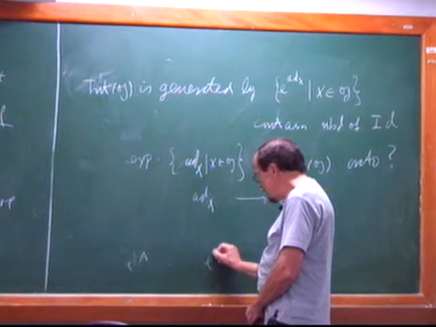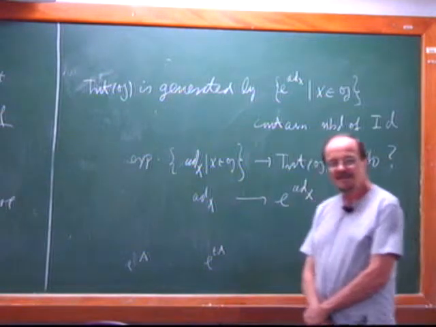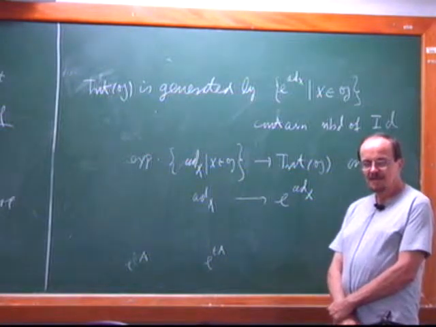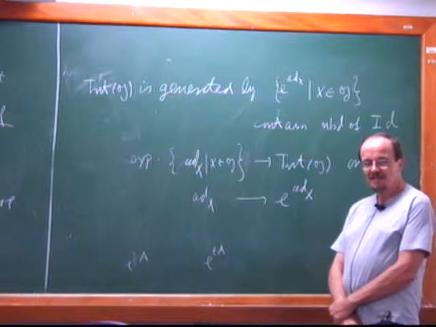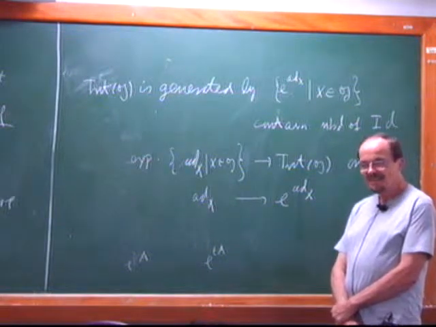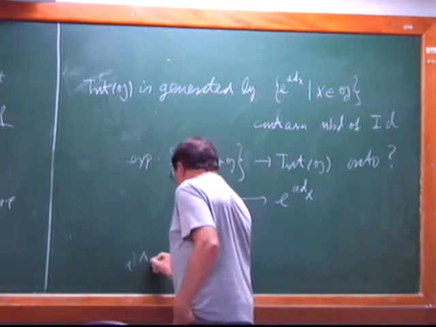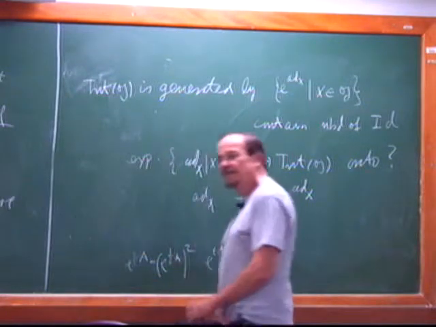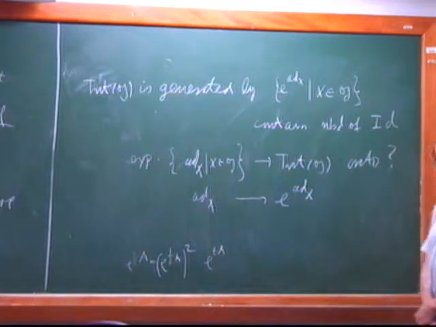Think of e to the tA. That's a homomorphism, right? So I can easily take the square root: t equals one half. So it has a square root, absolutely. Not every matrix has a square root.